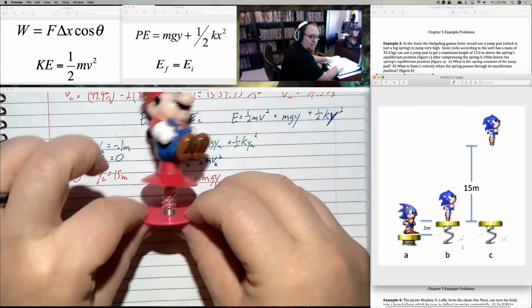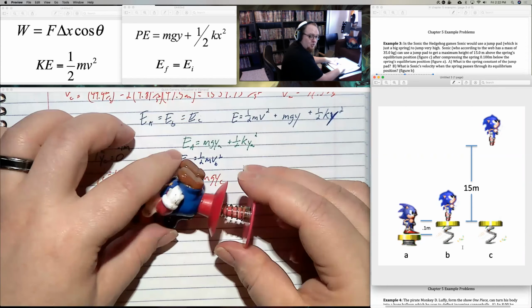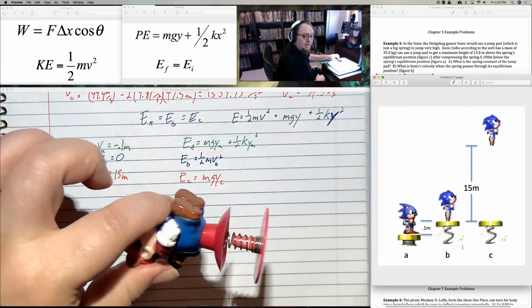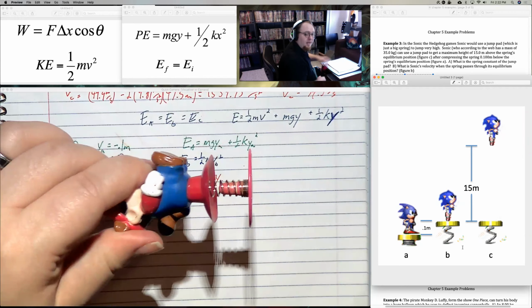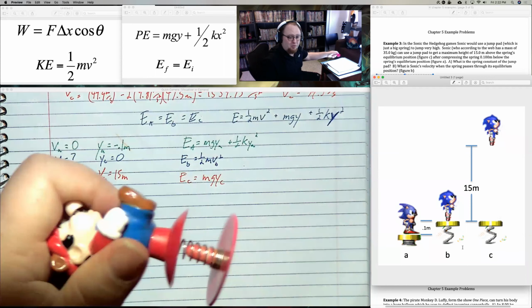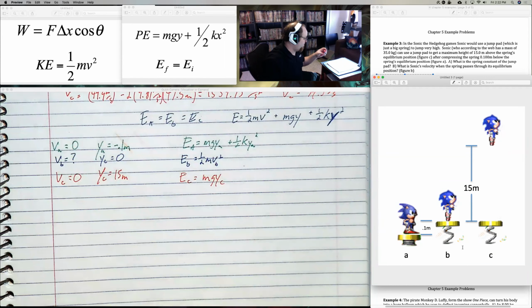And no matter how high he goes, that stays not compressed or stretched. Once I'm in the air, the spring isn't doing anything, especially with my Sonic problem, where the spring isn't attached to him like this Mario toy that is ancient. So I can say that the spring isn't doing anything in C. It's just sitting there, so there'll be no spring term.